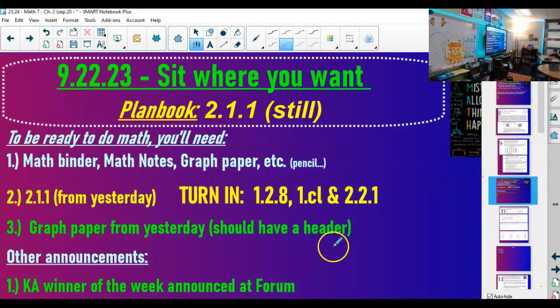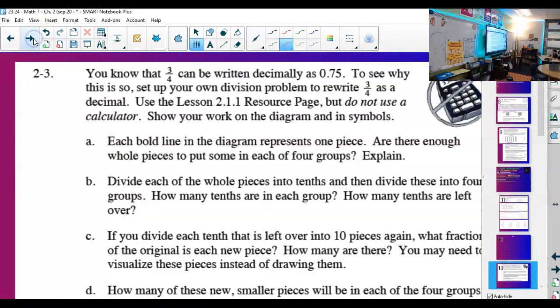I kept doing 225. Yeah, your brain just got goofed up. You were just typing it wrong.